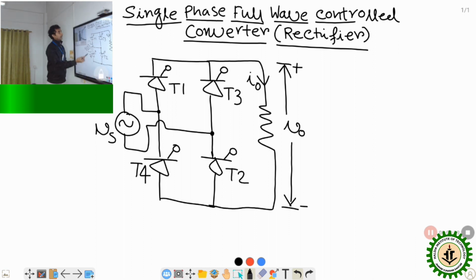So this is the circuit diagram of the single phase full wave controlled rectifier.